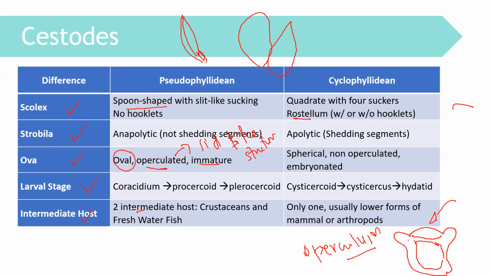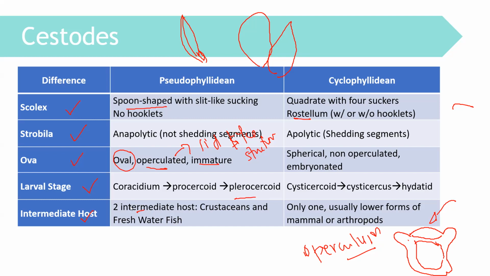In terms of the larval stage, both of them have three larval stages. For pseudophyllideans, we have the coracidium, to be followed by procercoid, and the final larval stage is the plerocercoid, which then eventually will transform into its adult form.